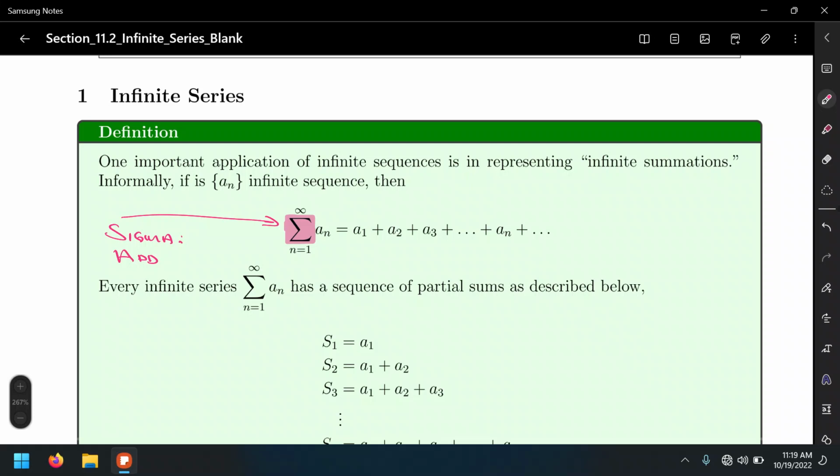But in some cases, we will use a couple of techniques to determine whether we can find the infinite sum, like 1 plus a half plus a fourth plus 1/8 plus. So suppose we're adding infinitely many numbers. Well, practically we cannot sit down and add infinitely many numbers and then obtain something. No, so there are techniques to do that.